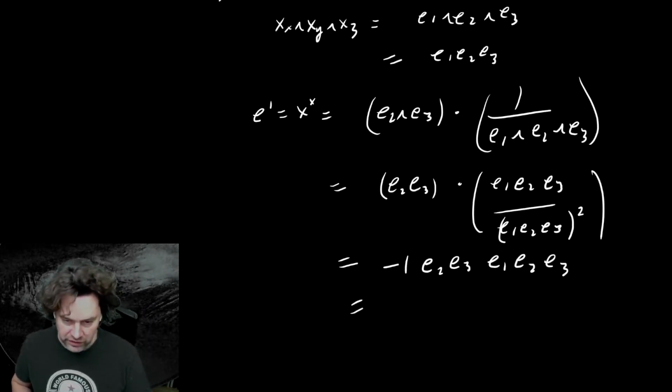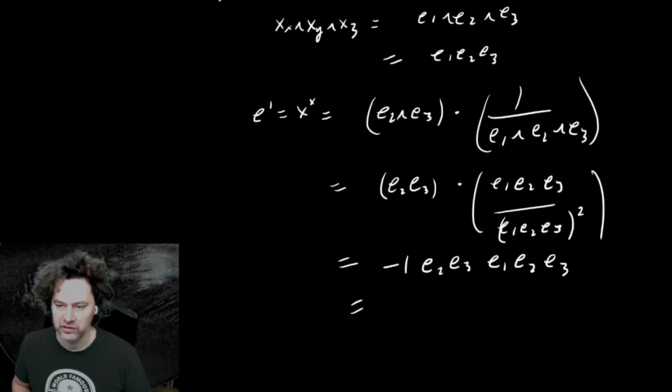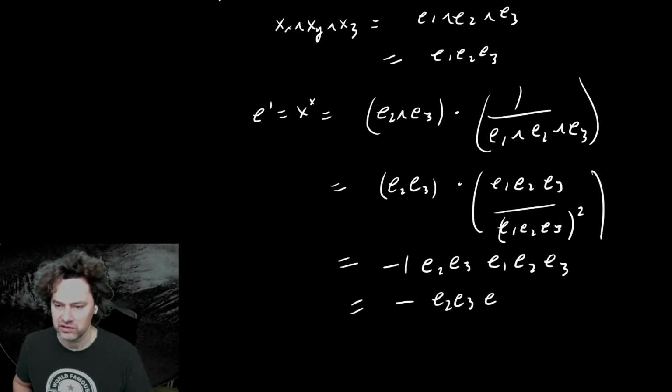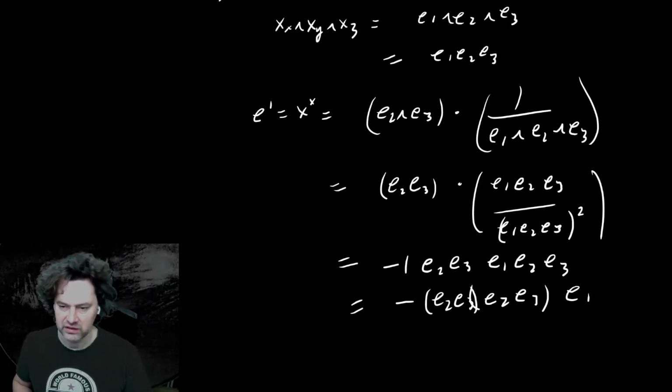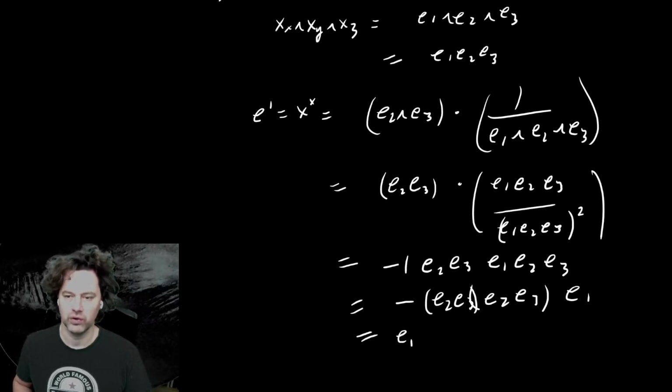Now, we could take e1 out to the end by permuting twice, and each time we do a permutation, we pick up a minus 1 sign, so we have two minus 1s. So we stay with minus e2 e3 e2 e3 e1. Now group our e2 e3s: e2 e3 times e2 e3 is minus 1. Our minus is obliterated, and we're left with, no surprise, e1.